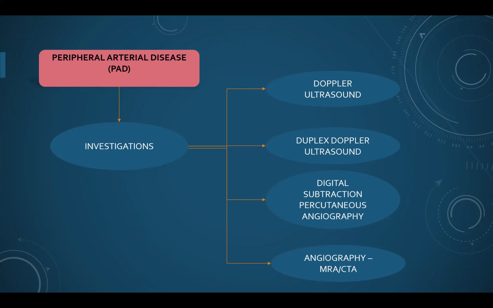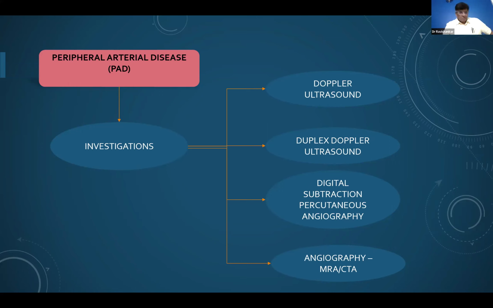You keep the angiogram as a last choice when you are planning intervention. So you get a roadmap with the CT or MR angiography, and then you do the angiogram and use the same procedure to intervene, with radiological interventions, which we'll talk about.